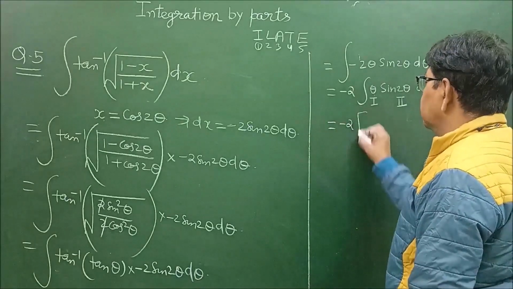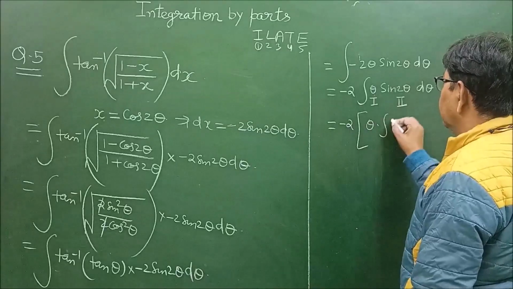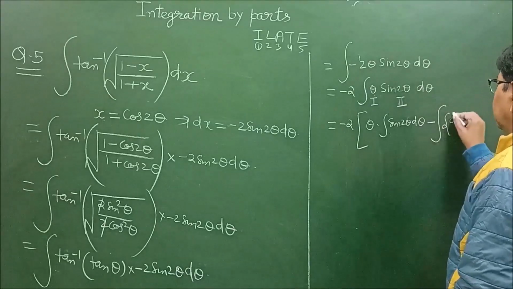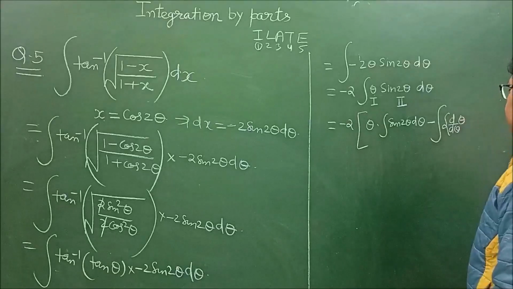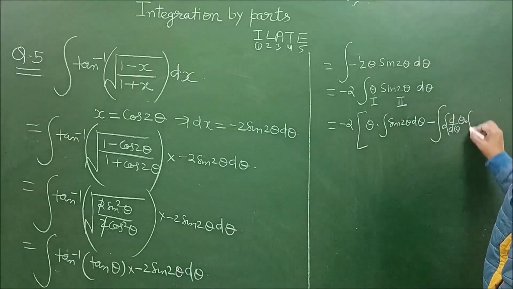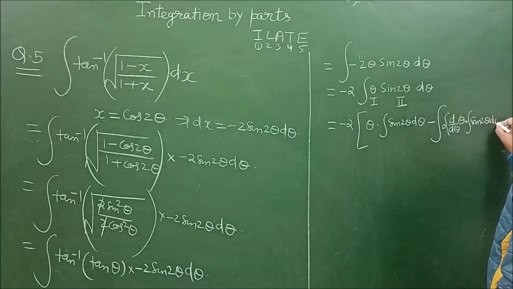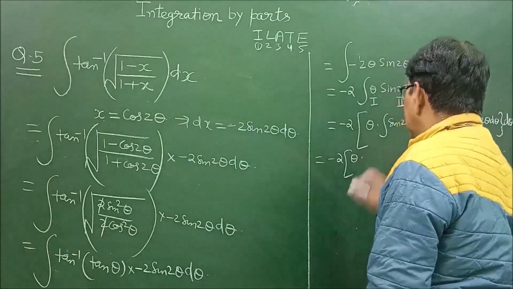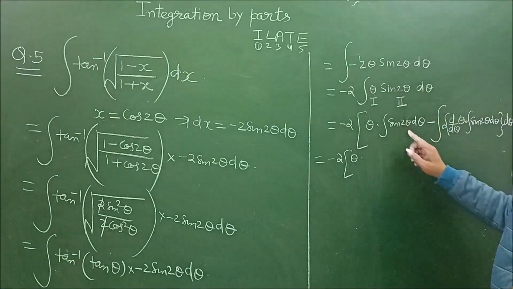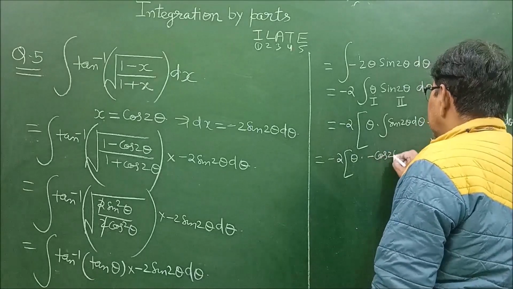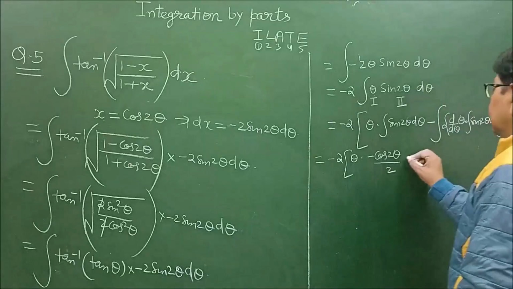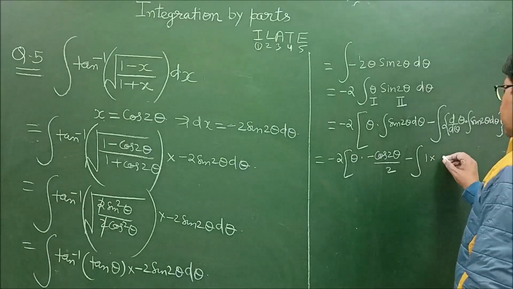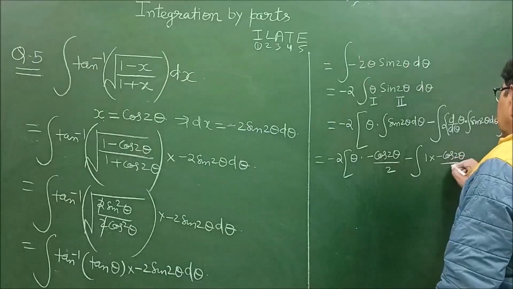This is equal to first function into integral of the second function sin 2 theta d theta, minus integral of the differential of the first function, d theta of theta, and the integral of the second function, and whole integral, which is equal to minus 2 theta into integral of sin 2 theta, which is minus cos 2 theta upon 2, minus integral of d theta of theta is 1 and the integral of sin 2 theta is minus cos 2 theta upon 2 d theta.